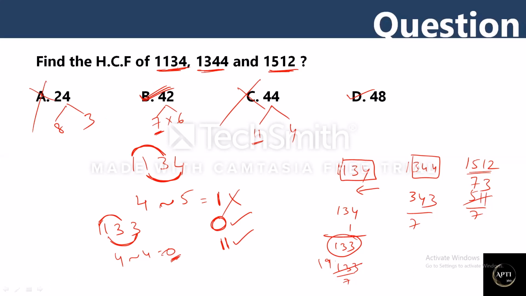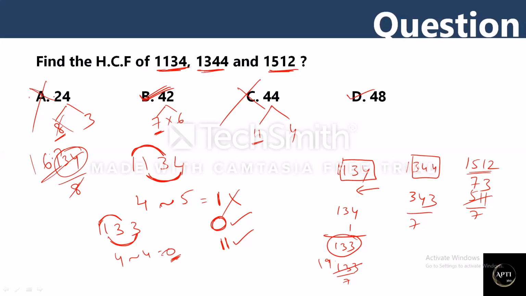What is the divisibility rule of 8? Let's check 134 divided by 8. 8 one time is 8, then 54. 8 six times is 48, and you get a remainder, so it is not divisible. So 8 is not getting satisfied.